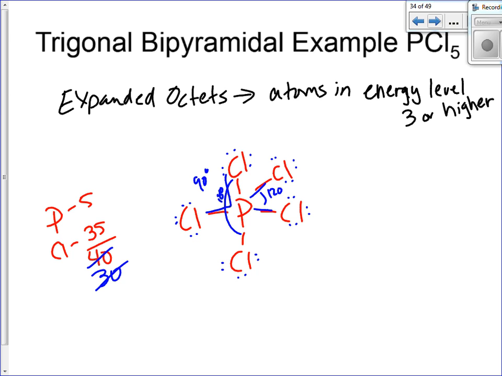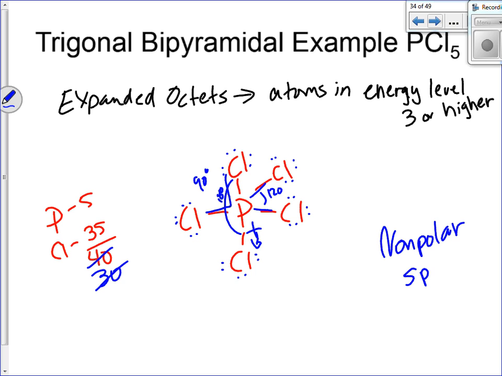Now, because all the ligands are the same, is this polar or nonpolar? Nonpolar. Everything is pulling the same direction. All the dipole moments are pulling outward. Okay? And yeah, that's pretty much that.